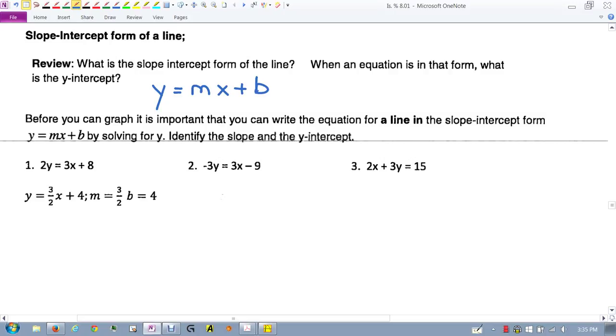Now, x is the input, y is the output. M is the what? M is the slope, so m is the slope. And of course, that's just a number, isn't it? It could be undefined, maybe, but we'll deal with that in a second. The question is, what's the b? The b is what we call the y-intercept.